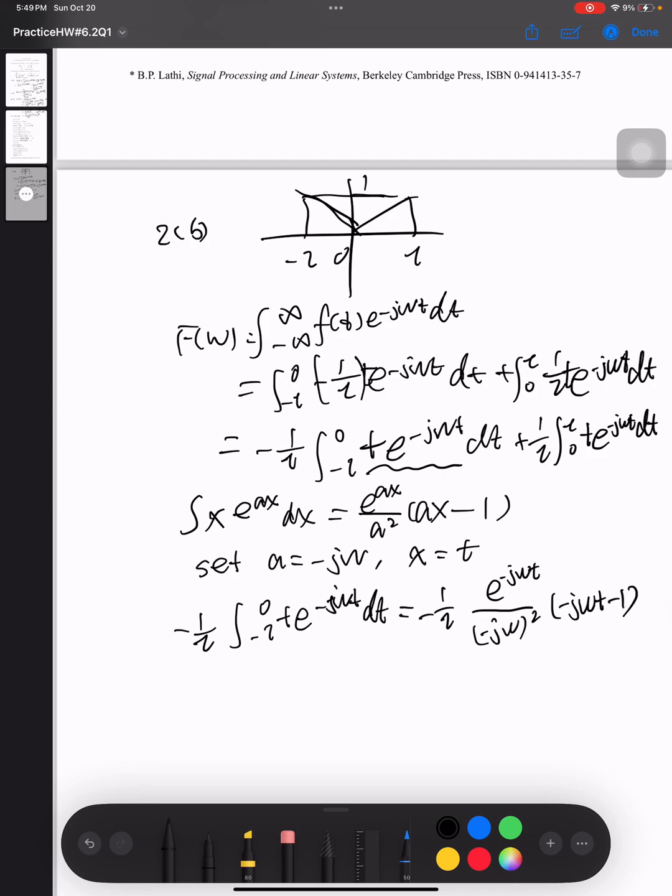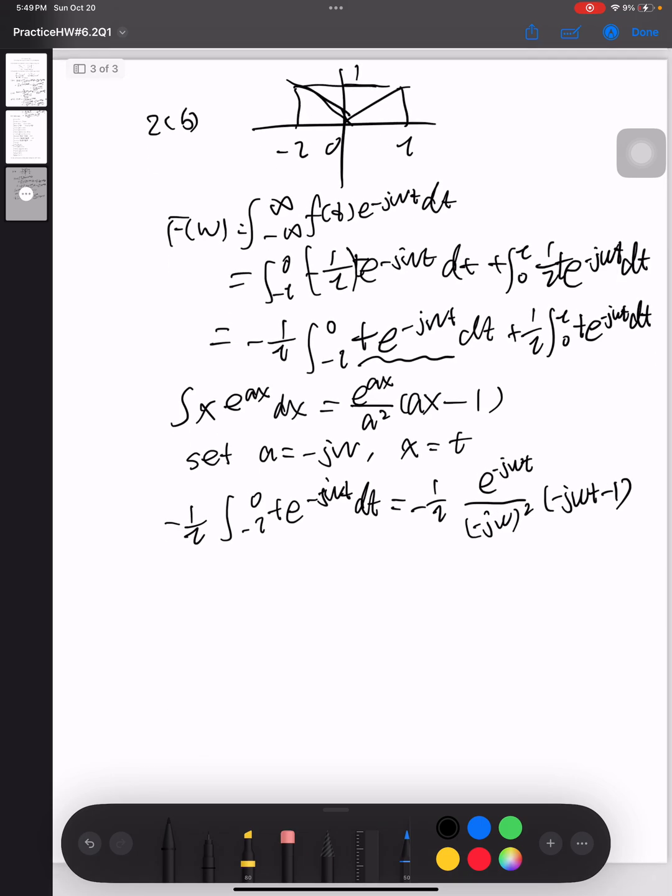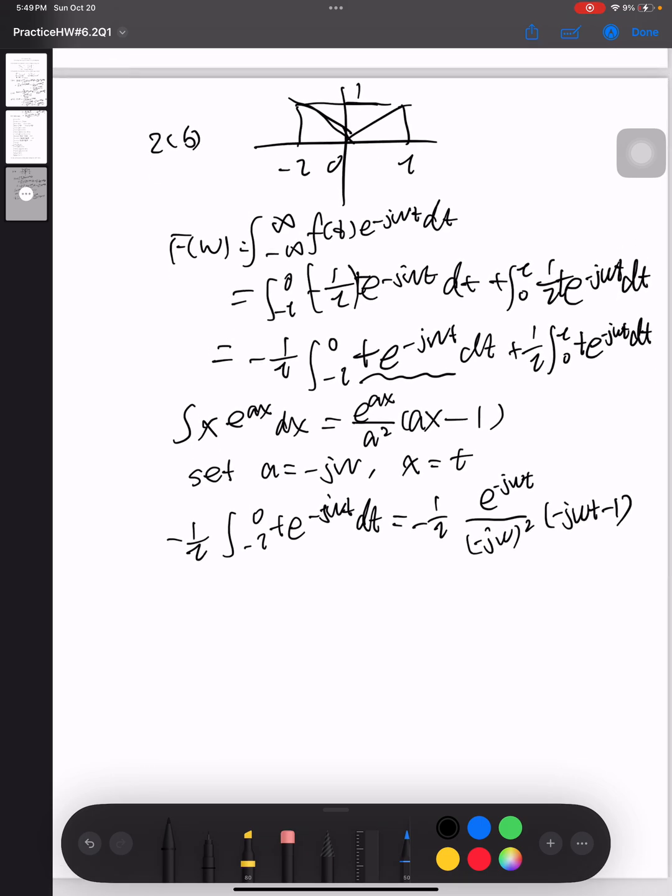And the second part, of course, we need to do this calculation, because we still have t. The next part is 1 over tau times the integral of t e^(-j omega t) dt, so it's 1 over tau squared.